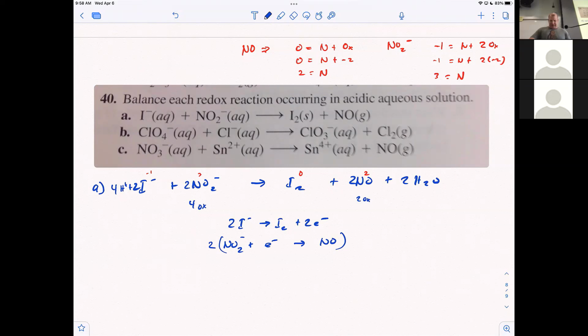Then 2 iodides go to iodine, generating 2 electrons. So 2 electrons are generated, so 2 need to be consumed. So we double the amount of nitrogen species. In doing so, we balance the oxygens, 4 oxygens on the left, 2 on the right. So we need an extra 2 oxygens, so we add 2 waters. Now there's 4 hydrogens on the right, so we need 4 hydrogens on the left. And we're done.